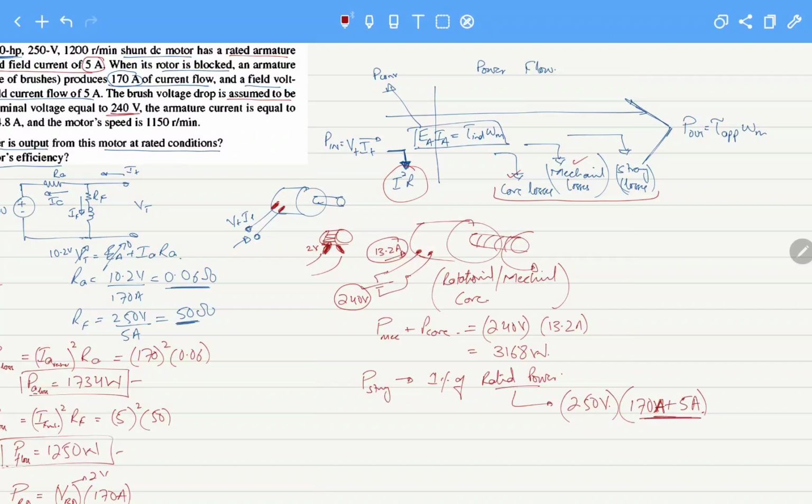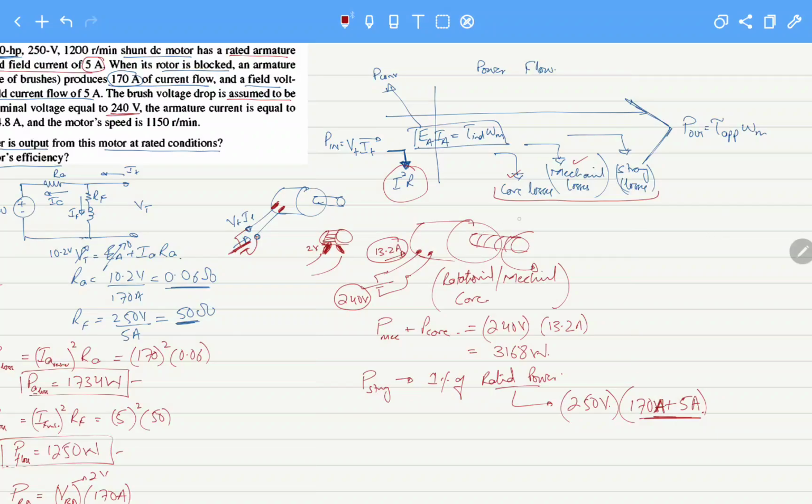These both are being supplied by the battery. This is equal to the terminal current I terminal of 175 amperes.